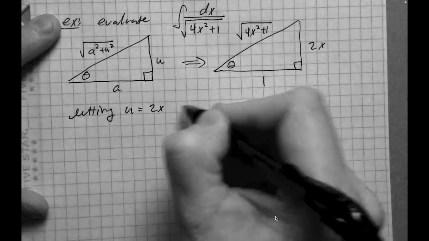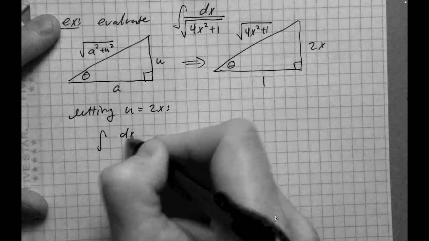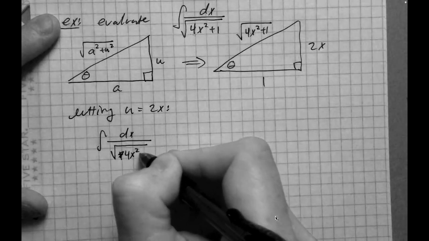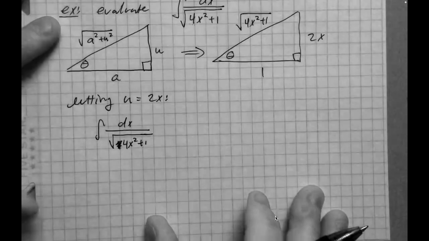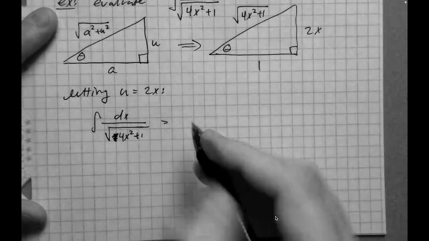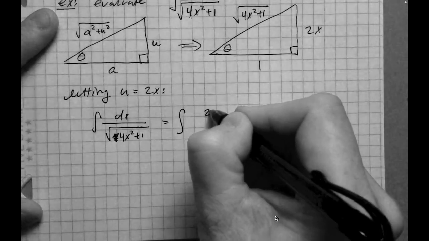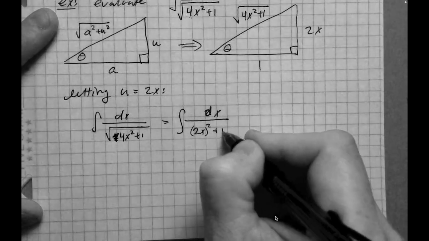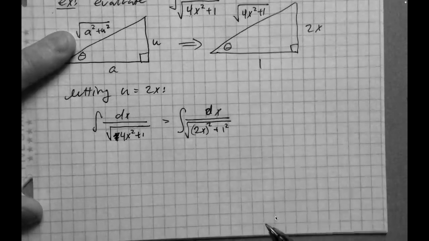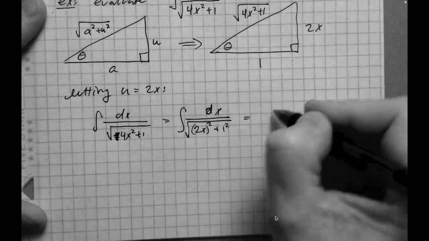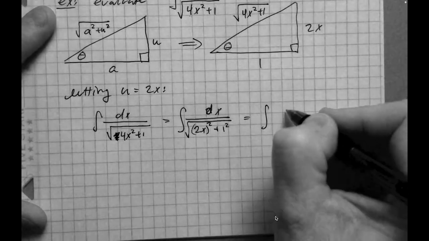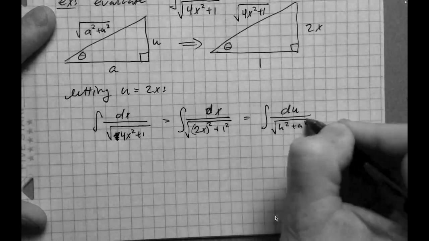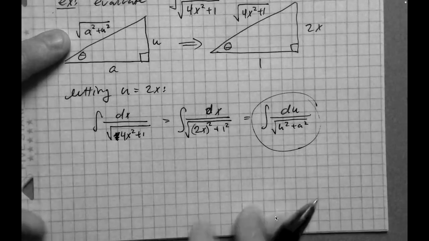We've got dx over the square root of 4x squared plus 1. Again, just rewriting that slightly to make sure it's obvious what's going where: I'd have 2x, that quantity squared, plus 1 squared. That's where your du form comes in.